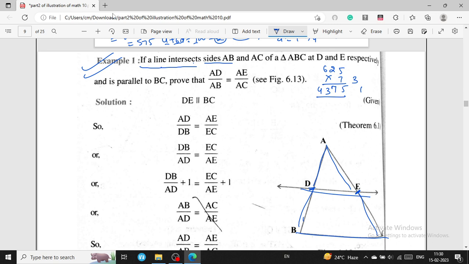For proving this, first of all write DE parallel BC because it is given, and what we have to prove, AD over DB is equal to AE over EC. According to the theorem, first I will reverse it: DB over AD is equal to EC over AE. Now, for proving it, add 1 to both sides.